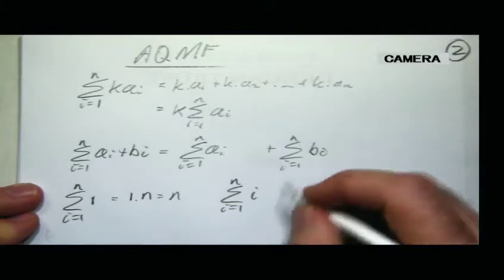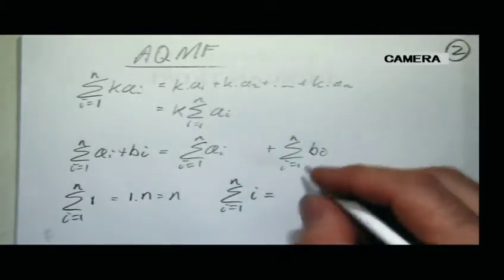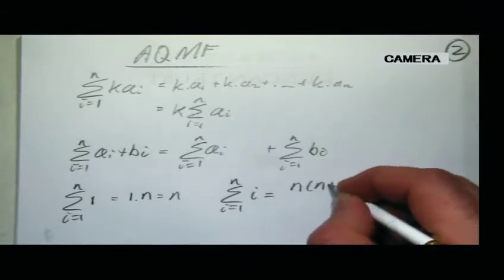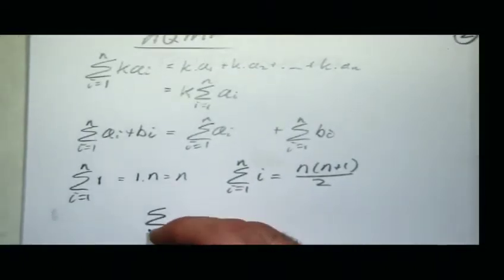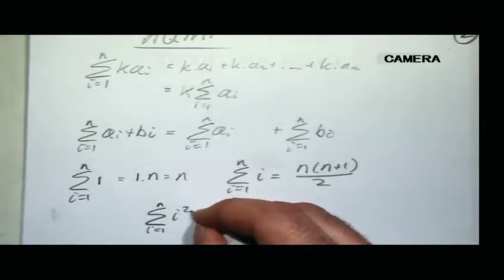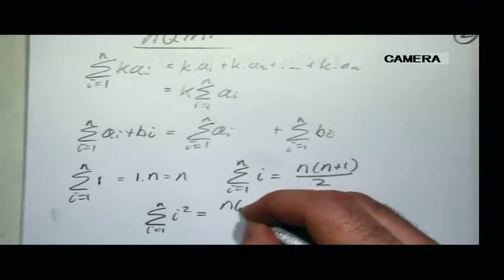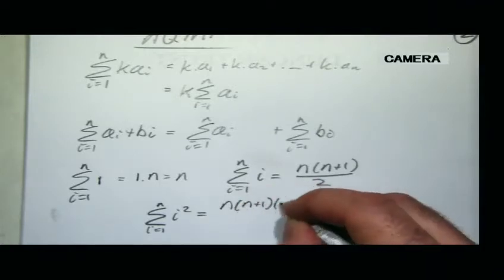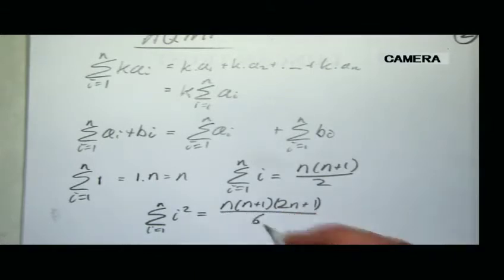Again, this is 1 plus 2 plus 3 all the way up to n, and the formula for that one was n(n plus 1) on 2. I don't think you actually need to know the next one for the exam, but just because we can, this is going to be n(n plus 1)(2n plus 1) all on 6.